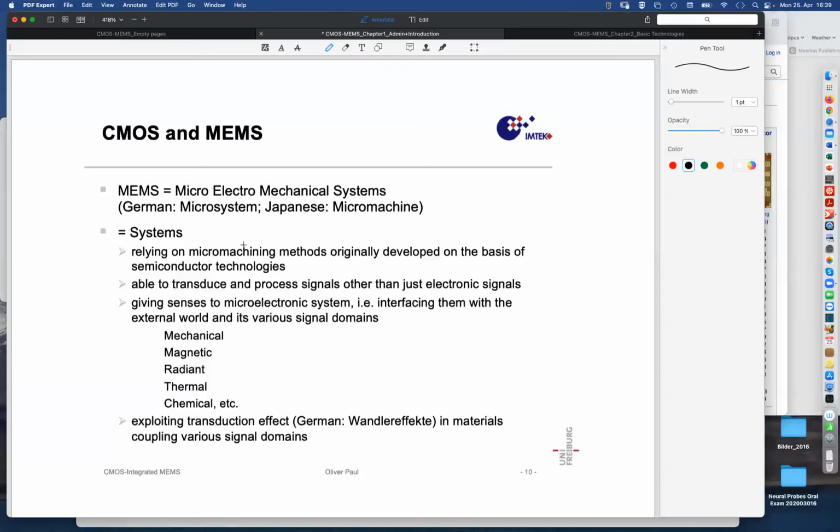And so this is what happens here. A transduction effect in German is called Wandlereffekte. And Wandler is a transducer in English. And microtransducers is another name to say microelectromechanical systems.